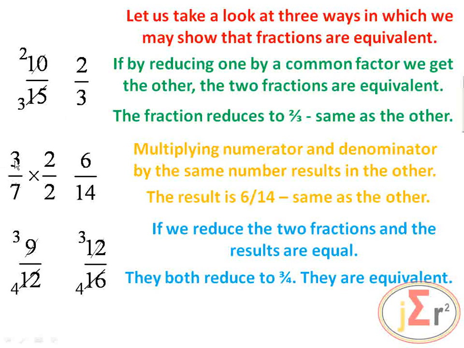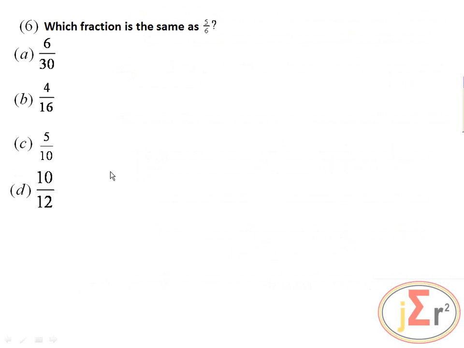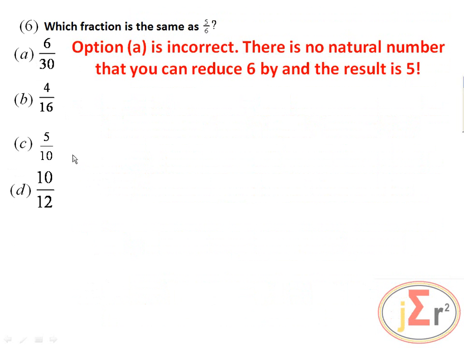And if we can do that by multiplying both numerator and denominator, it means that both numerator and denominator will get larger. Option A is incorrect. There is no natural number that you can reduce 6 by, and the result is 5.